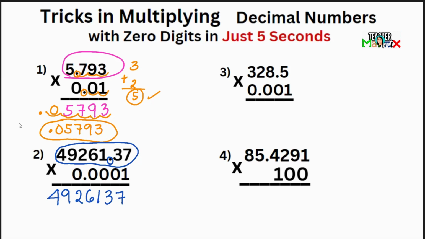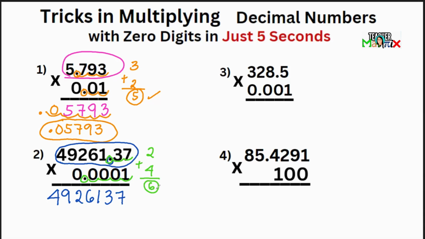From the right, mag-move how many times madaanan before ma-reach ang dot? So, 1, 2. Okay, 2 times. Sa baba, 1, 2, 3, 4. Okay, 4. 4 times. So, 2 plus 4, we have 6.